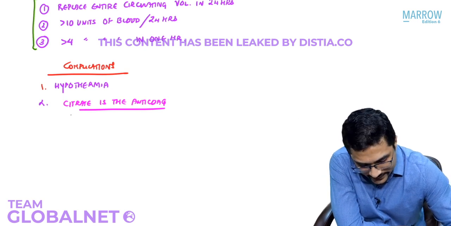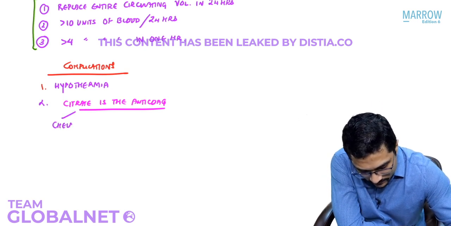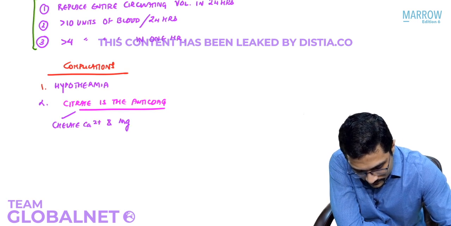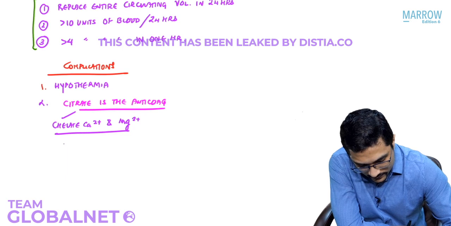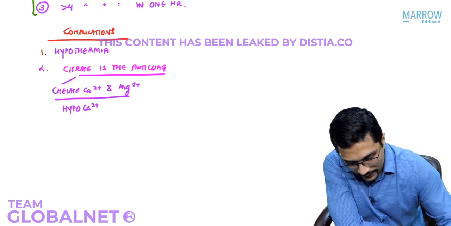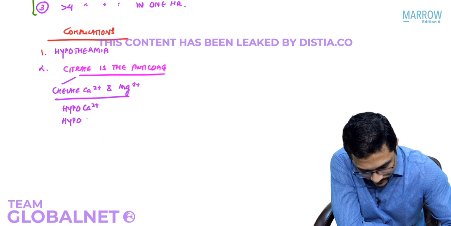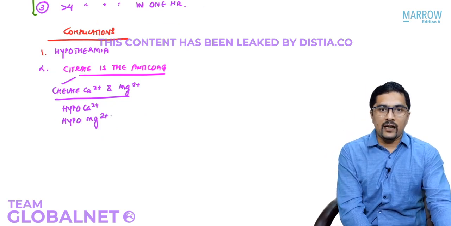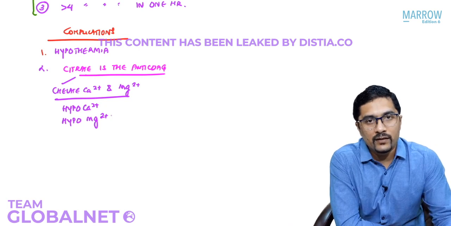Because citrate is going to chelate calcium and magnesium, these patients can develop hypocalcemia and hypomagnesemia.